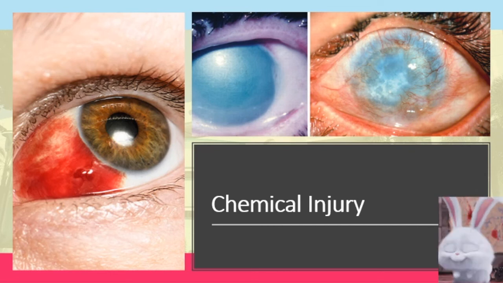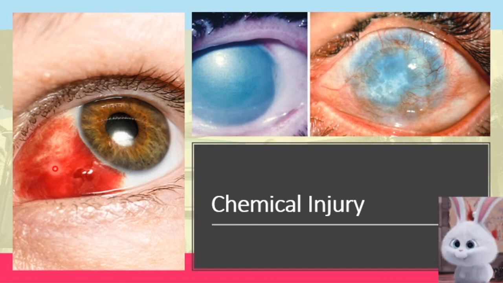So the tendency is that the eye becomes red, watery, and sensitive to light and vision. Then you have your subconjunctival hemorrhage. Class, your subconjunctival hemorrhage is a red spot on your eye which is caused by a broken blood vessel.